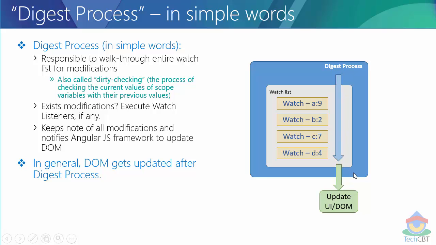Once the digest process has executed successfully, all of the respective watch listeners are executed if there are any, and finally it informs the AngularJS framework of all the modifications to update the DOM, and then our DOM actually gets updated.